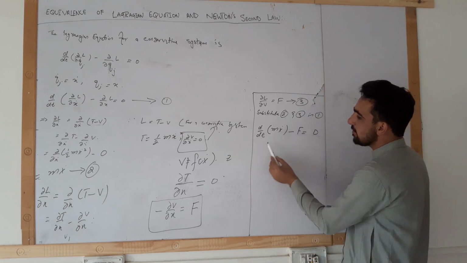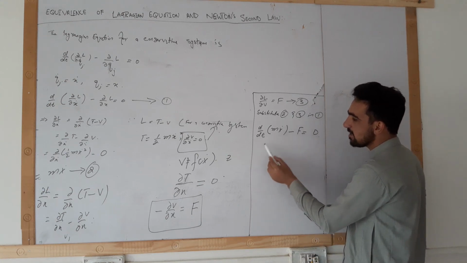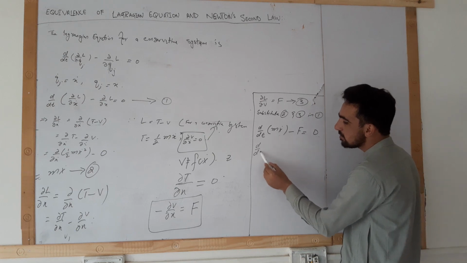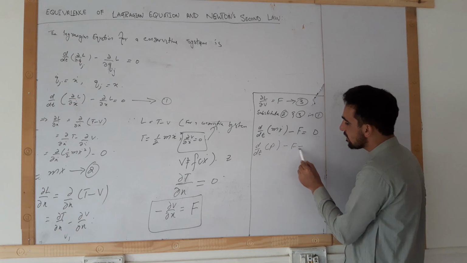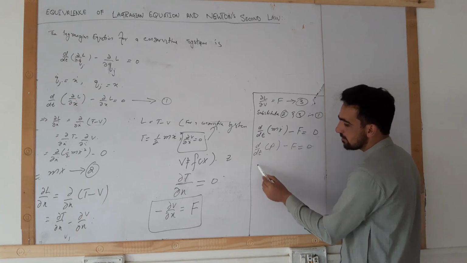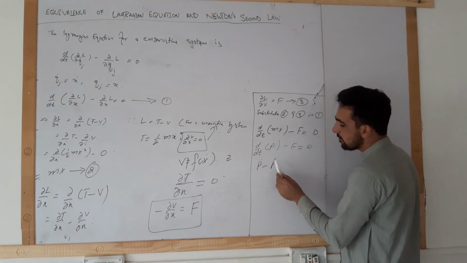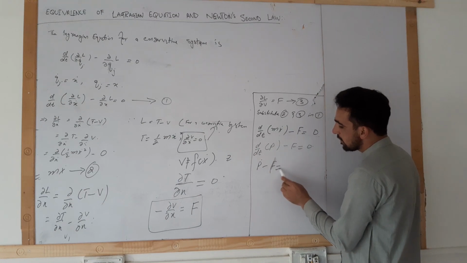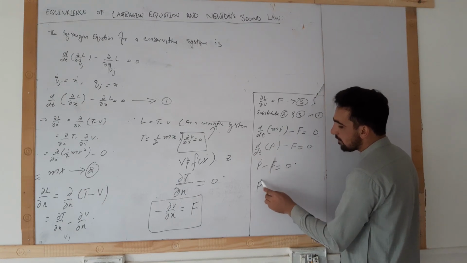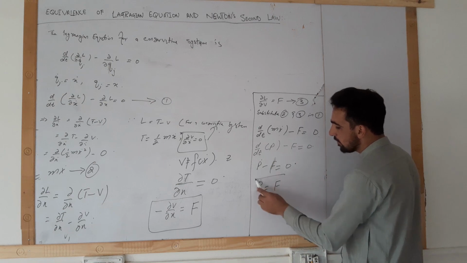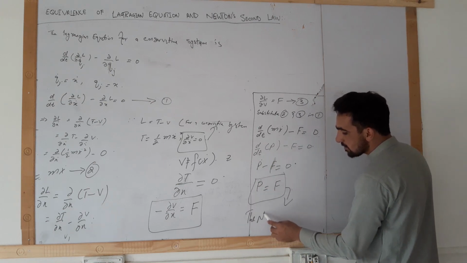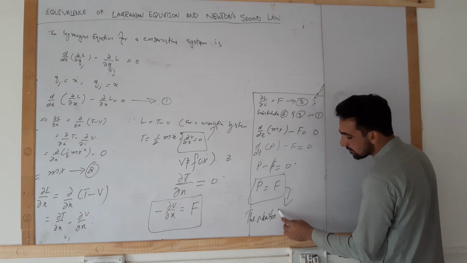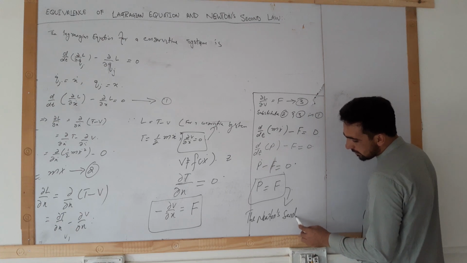Now the derivative of m x dot is actually d by dt of p, so p dot minus F is equal to 0, or p dot is equal to F, which is the Newton's second law of motion.